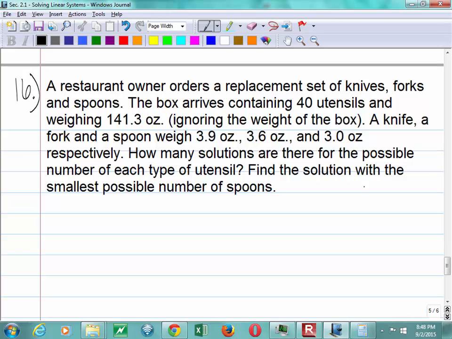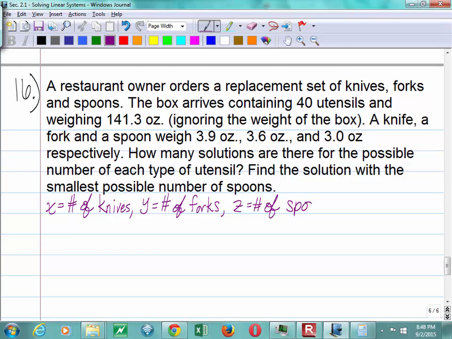Okay, so let's first of all define the variables. x equals number of knives, y equals number of forks, z equals number of spoons.